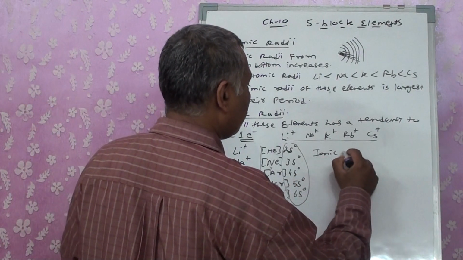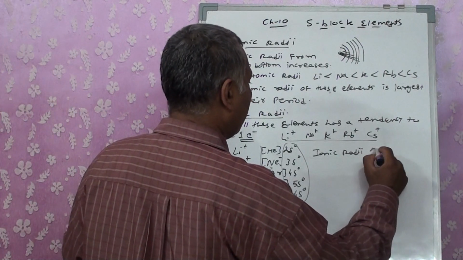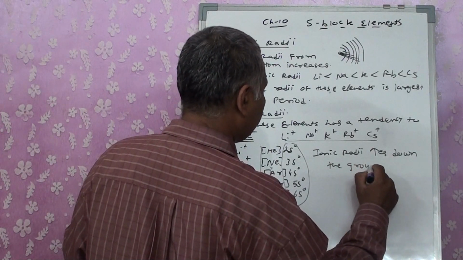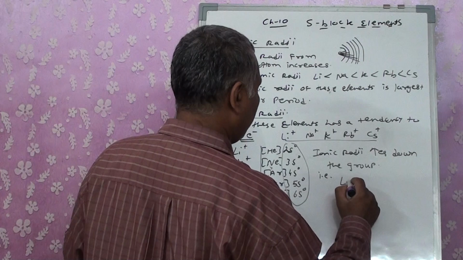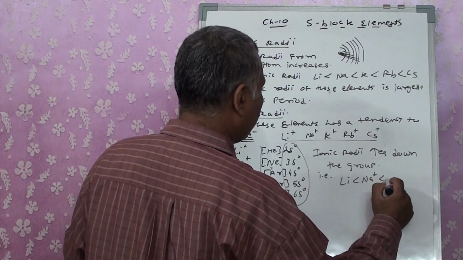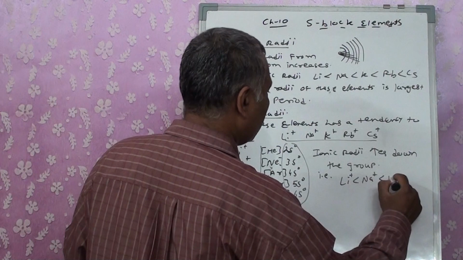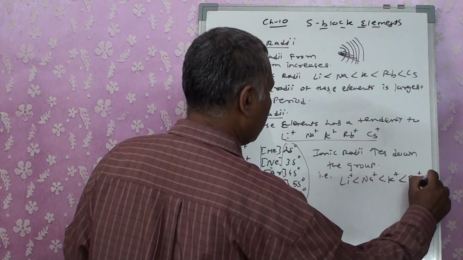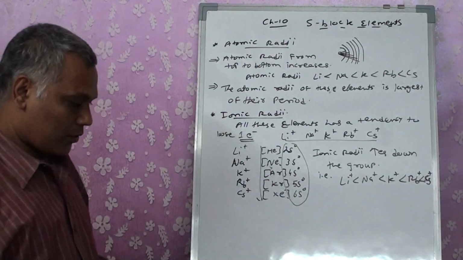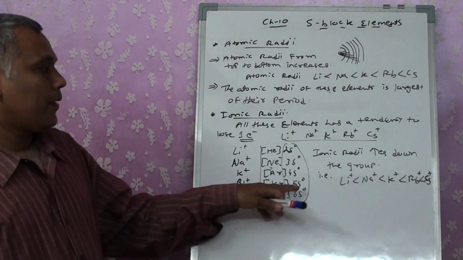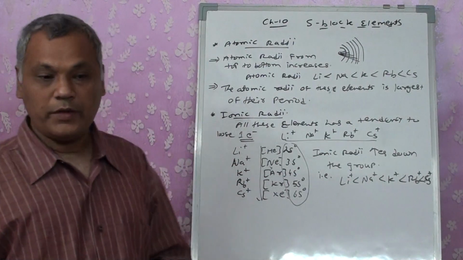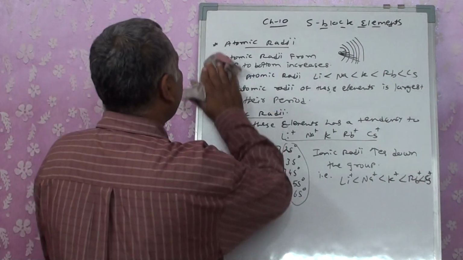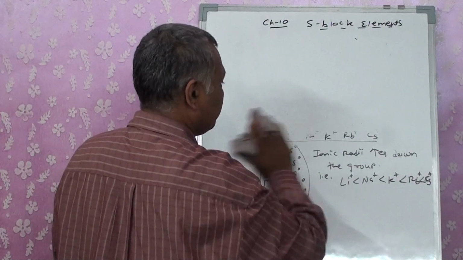Ionic radii increases down the group. That is, Li plus is smaller than Na plus, K plus, Rb plus, Cs plus. So from top to bottom, it will increase, right? Okay.